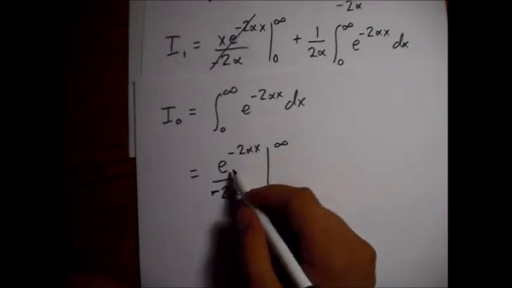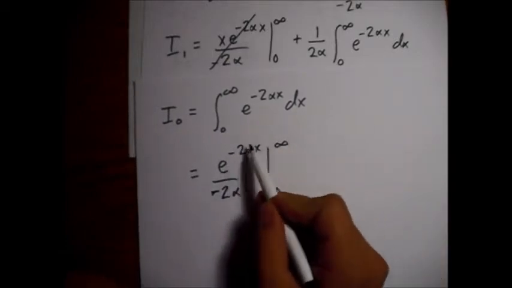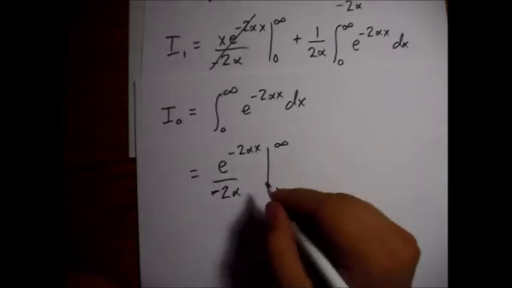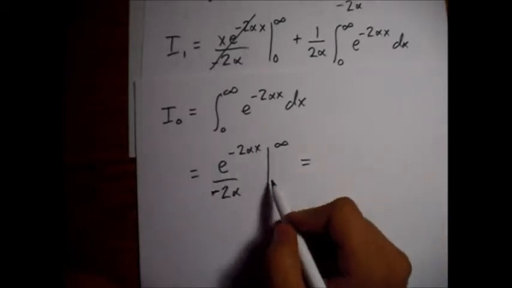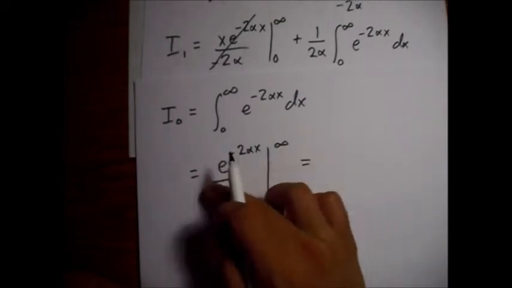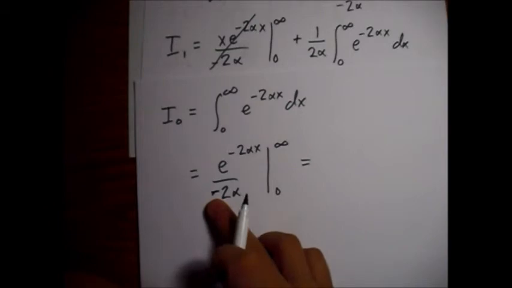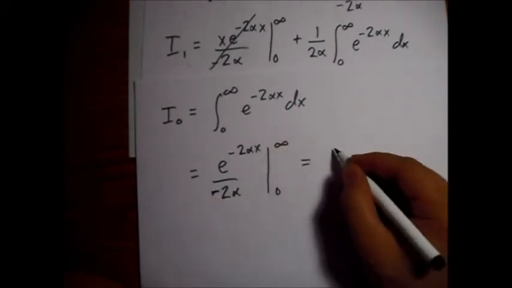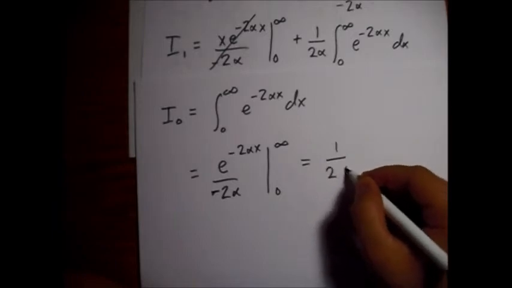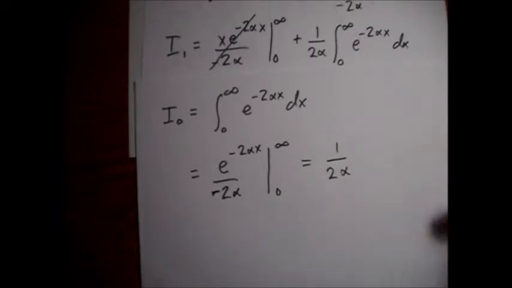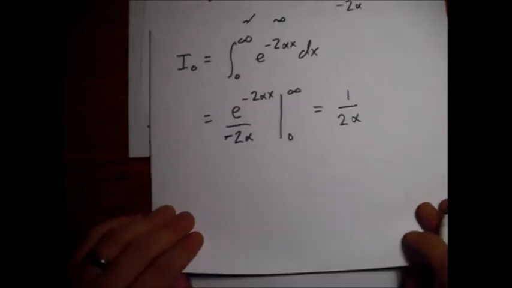Our infinity limit here will still go to 0 because we still have this exponential, but when we go to 0, this is going to 1 upstairs. And this minus sign here will cancel with the minus sign we get when we take our limits, and we just get a 1 over 2 alpha. Okay, I hope I did this right.